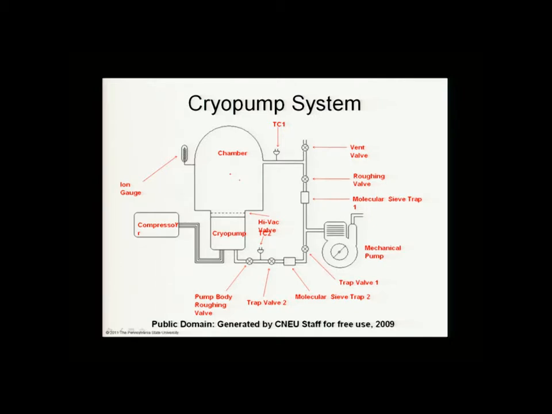Then in this particular case, we see the mechanical pump there for regeneration. This would not be in play when you're pumping, but when you want to regenerate this system, you do have to do that every so often. You would make sure this high vacuum valve is closed. You bring up the temperature and you can pump off what's evolving off the system if you decide to back it up. But you'd only need to do that when you're regenerating.